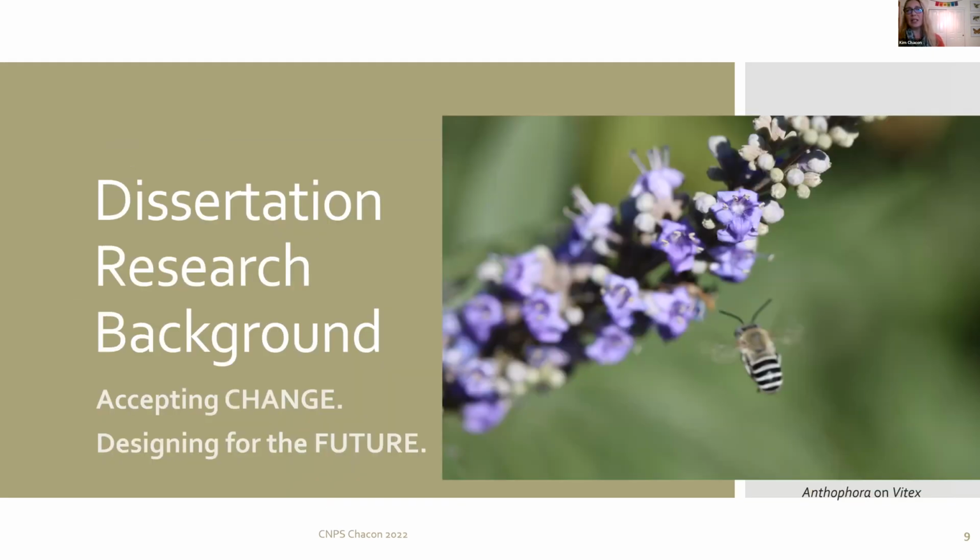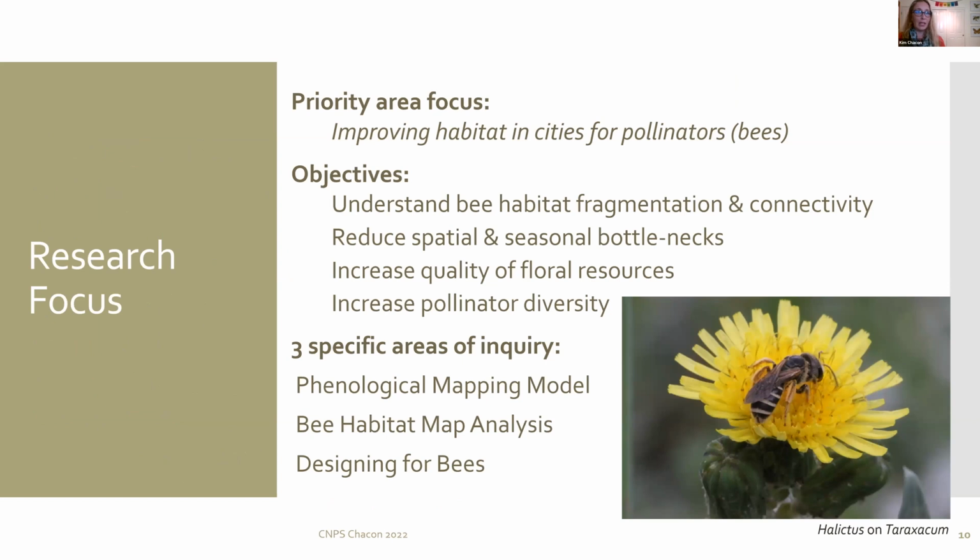I just want to give you an example of my research background, just so you can get an idea of the context for this and what I've learned and how I'm applying it. And I've put in some images from my research. My idea started, this whole thing started with, how do I make the best pollinator garden possible? And then I realized in my senior year in landscape architecture at Davis, it's not just about the singular garden.